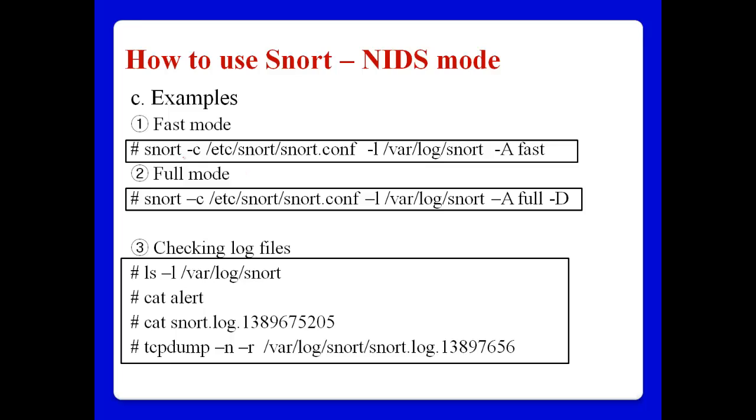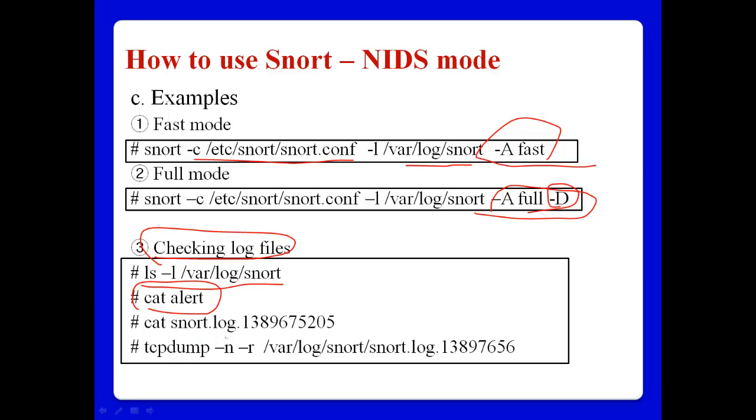For example, fast mode: Snort configuration file, log file directory, and mode, here alert mode fast. This one is the same, full mode, only this one is full and daemon. And checking the log file, check /var/log/snort. If we want to see the alert file, you can use this one.